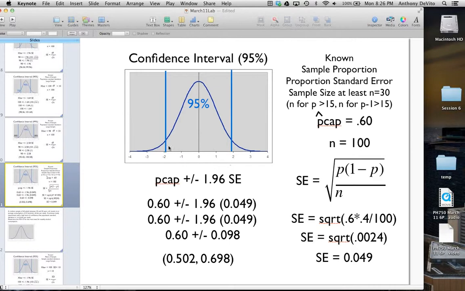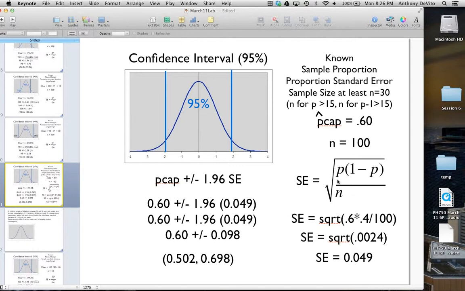The standard deviation, or the variability for those samples, or standard error, is going to be equal to the square root of P times 1 minus P over the sample size. P represents the true population proportion of that event, that reporting having that condition. So P times 1 minus P would be 0.40 divided by the sample size of 100.